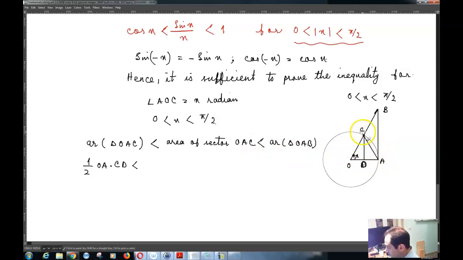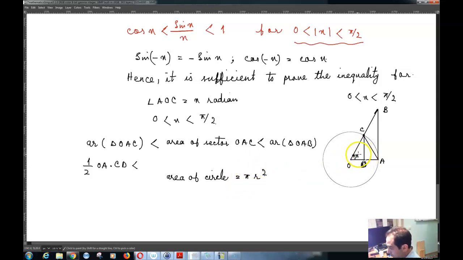Since this angle is in radians, the area of this sector is going to be some fraction of the area of the whole circle. The area of a full circle is pi r squared.